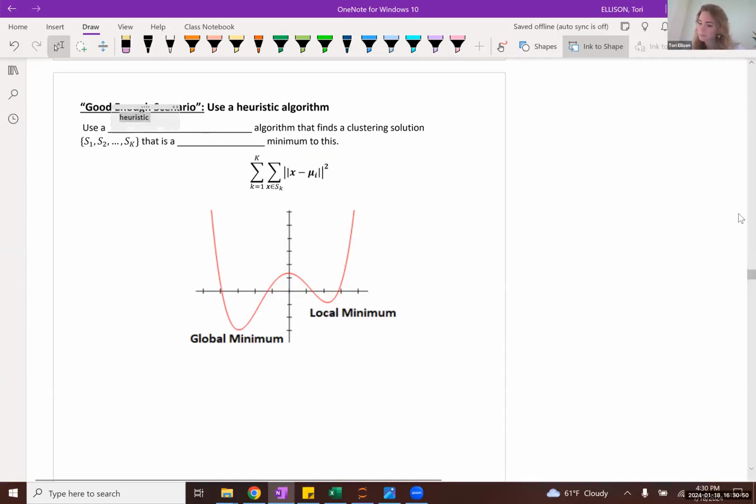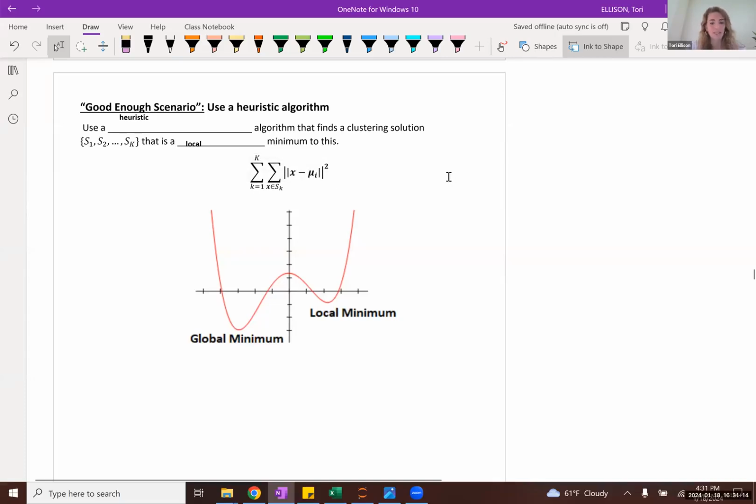That in a relatively quick amount of time will find, not, unfortunately, the global minimum, but it will quickly find a local minimum to this objective function, or to the inertia.